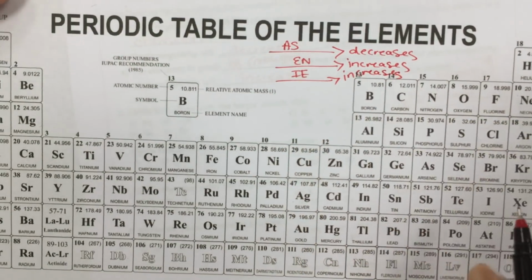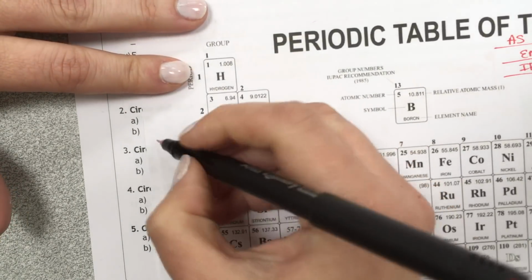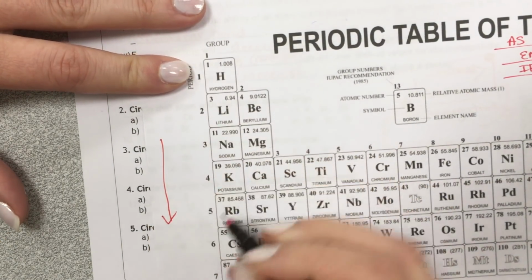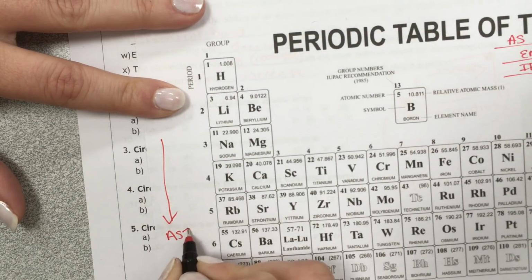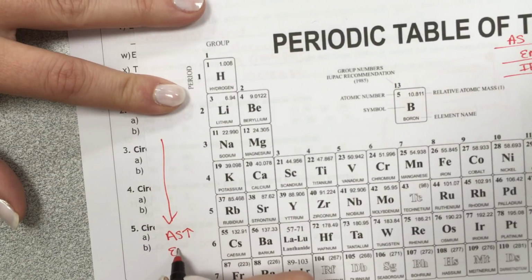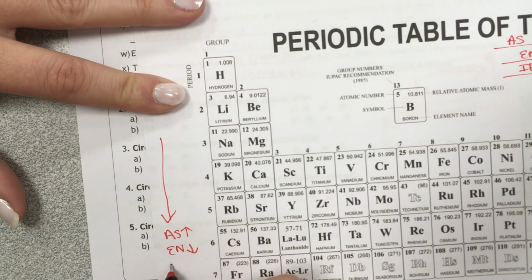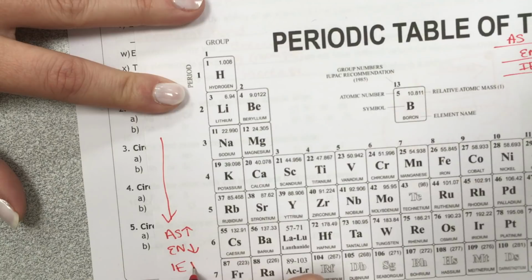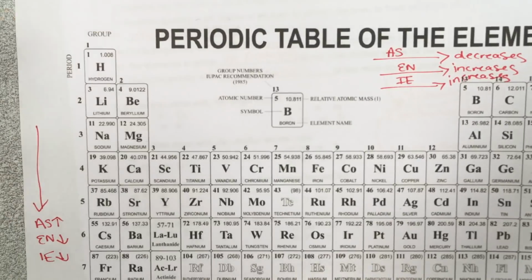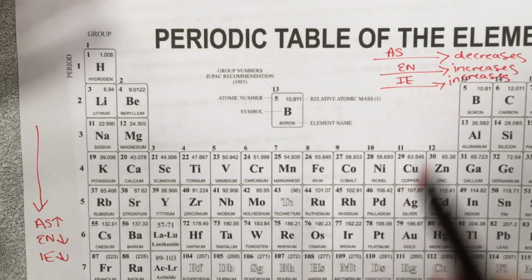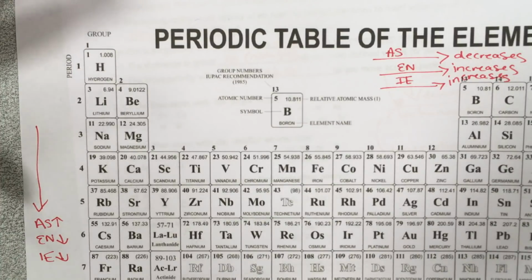The same trend applies going down a group: as you go down the group, atomic size increases, but electronegativity decreases and ionization energy decreases. Honestly, guys, getting these straight is the most difficult thing on this test. The test is about these 3 trends.